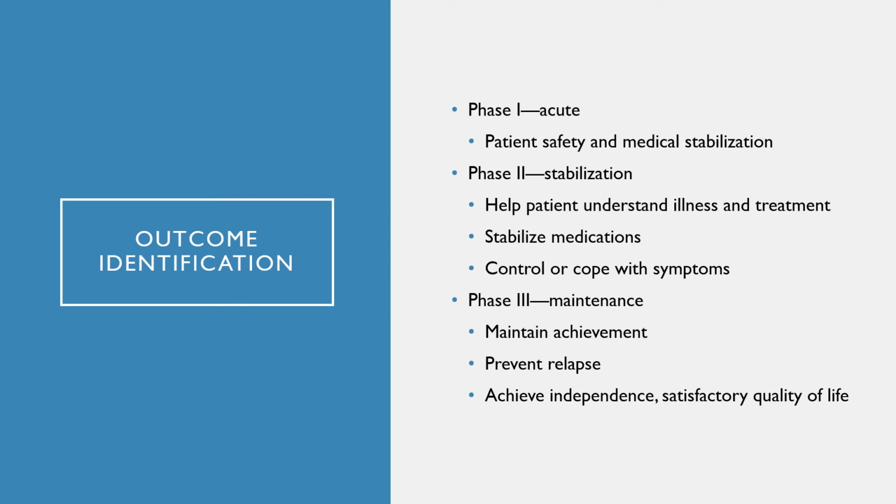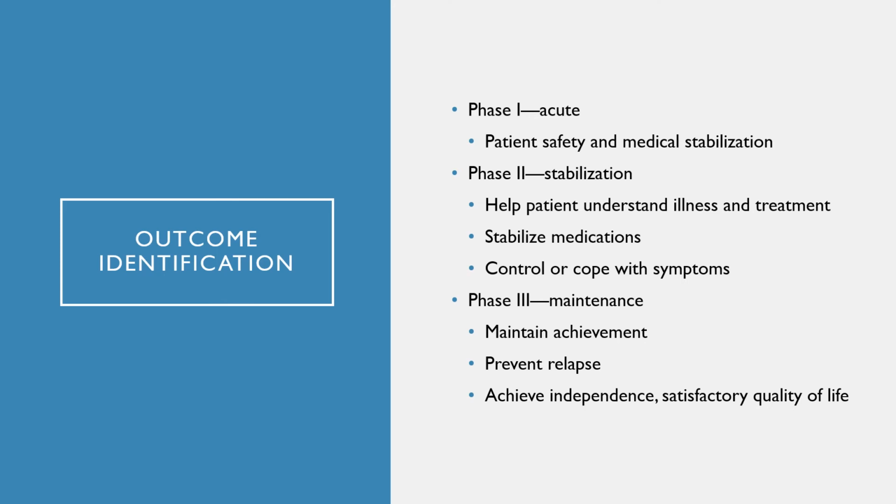The next step in our nursing process is outcome identification. So we want to know that our outcomes need to focus on knowledge, management, coping, and quality of life. Outcomes need to be consistent with the recovery model. So if we're in phase 1, which is that acute stage, patient safety and medical stabilization is vital. Phase 2 is stabilization.